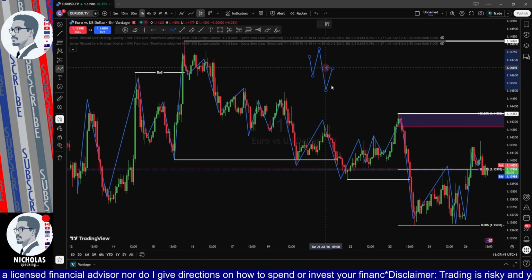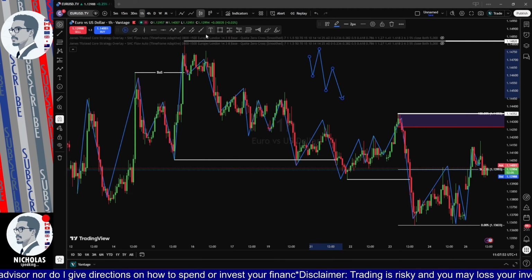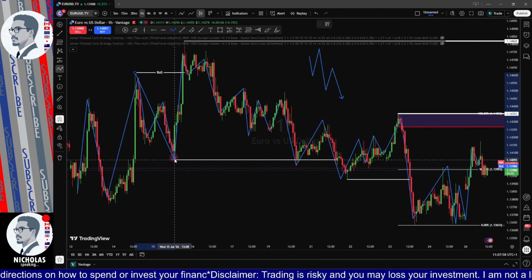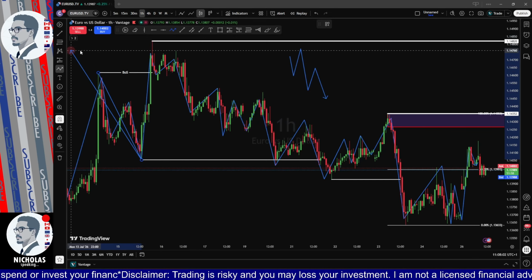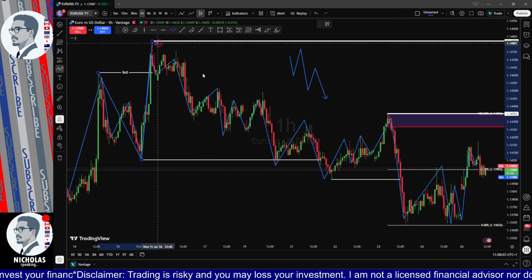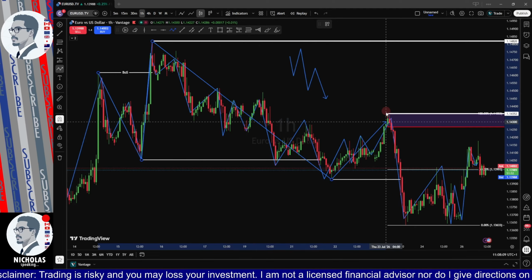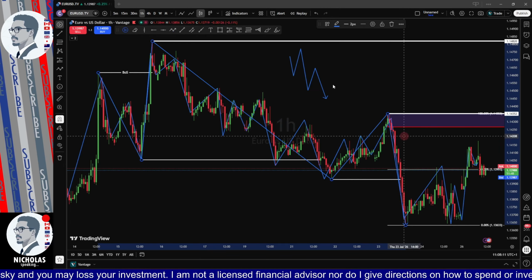So all in all, let me draw the swing structure you see on this chart. On this chart, we have this high to the low, to this high, all the way to this low, to the high, and finally this low right here.